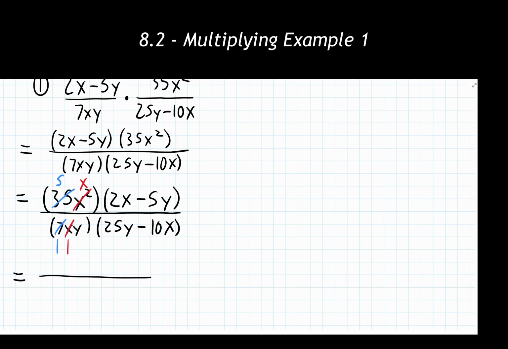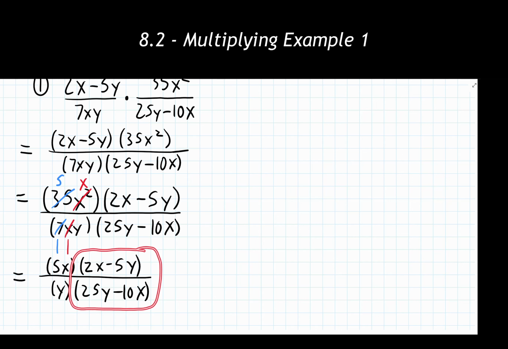I've not fully canceled this, but I have it at least a little reduced. It's not fully simplified, but at the very least our monomials are fully simplified. Now I need to look at my binomials and see what I can do here.